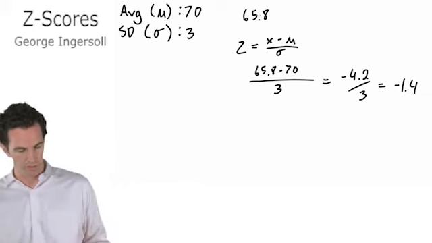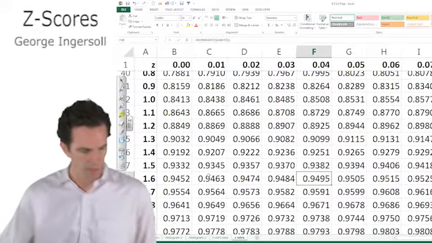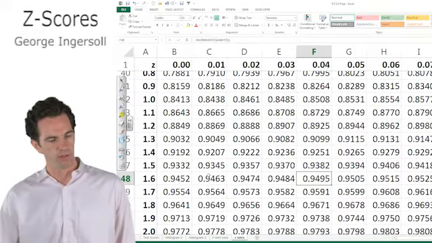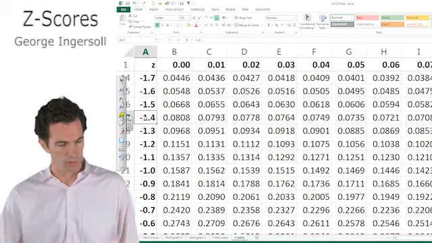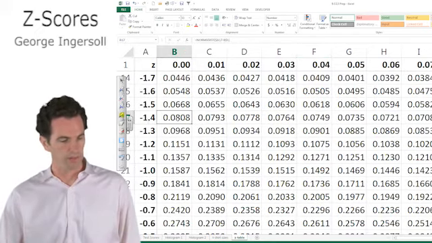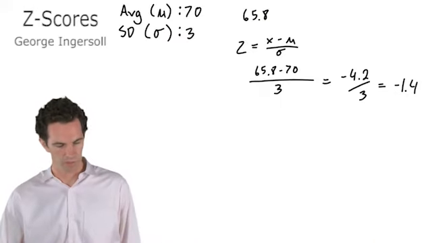So let's go ahead and open up the table now. Figure out what that translates to in terms of a percentage. So we find negative 1.4, and we don't have any hundredths place here, just negative 1.4.